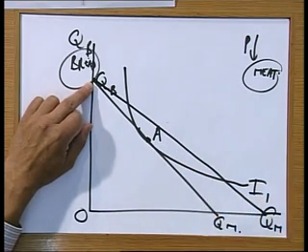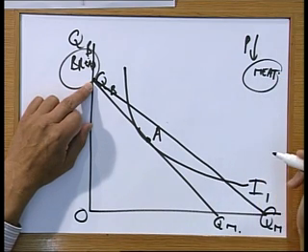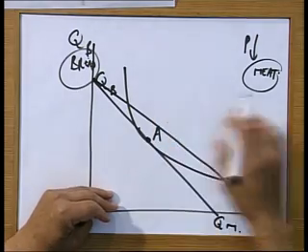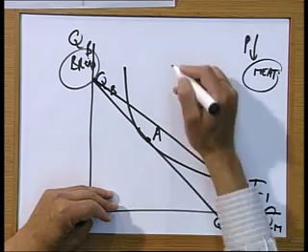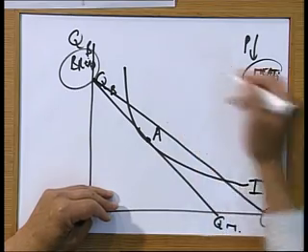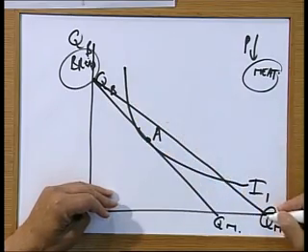It swivels to the right, because there's more meat that will now be purchased because of the drop in the price. So what is happening now is that the consumer will now be on a higher indifference curve. From A to B, you can see there, the consumer will now be on a higher indifference curve, and this is the new budget line.